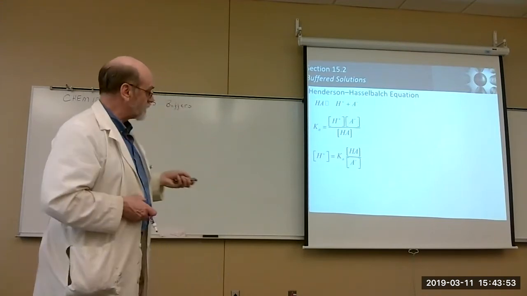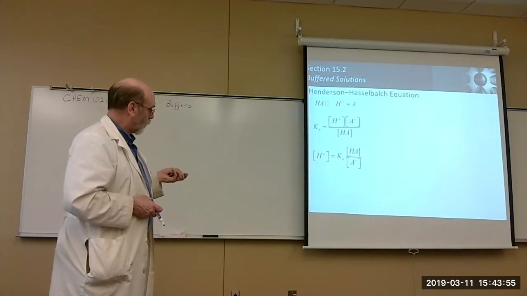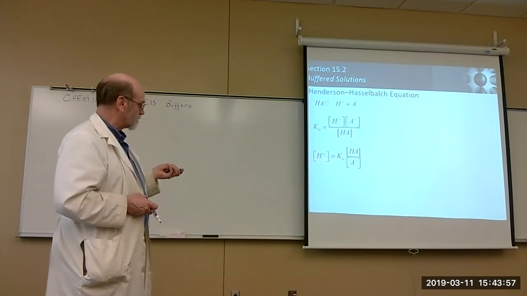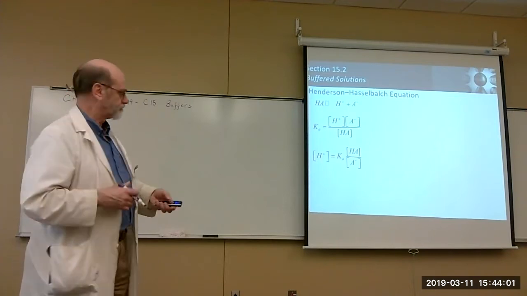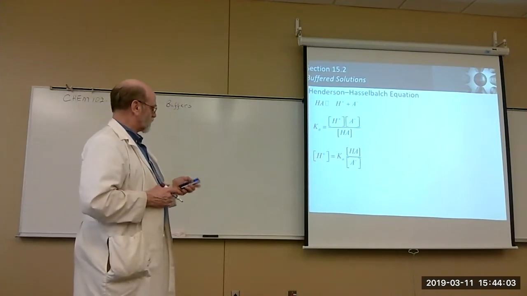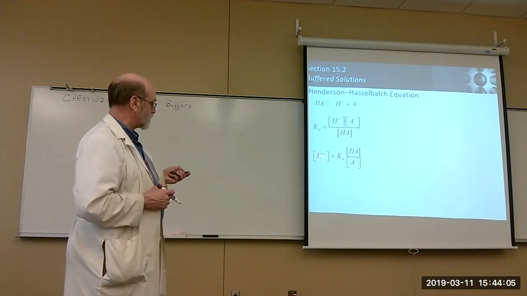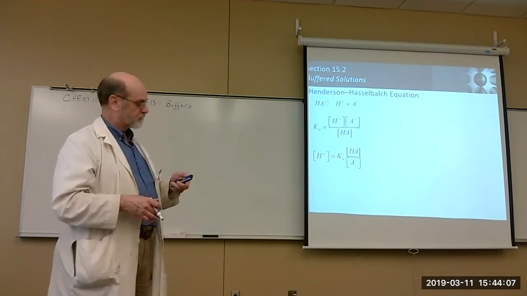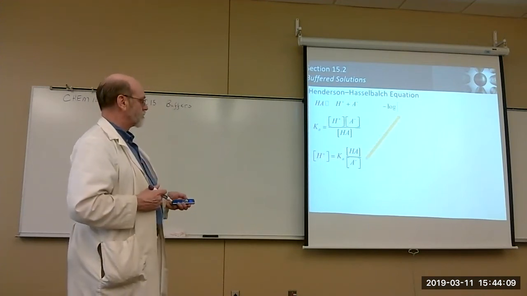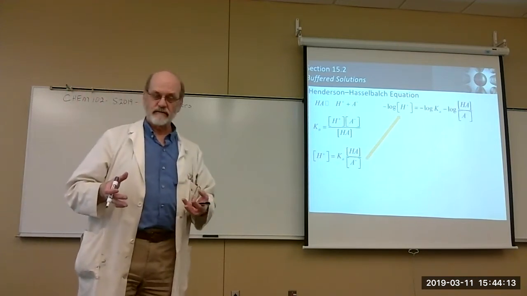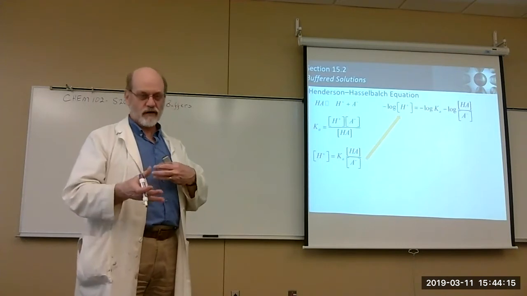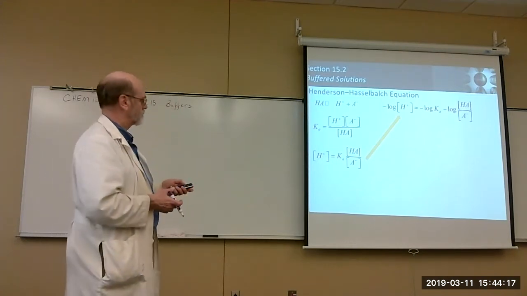So we want to solve this equation for the hydrogen ion concentration that will give us that buffer zone. So now that we have the hydrogen ions on one side and everything else on the other side, we proceed to determine what the pH is, and that is the negative log of the hydrogen ion concentration.